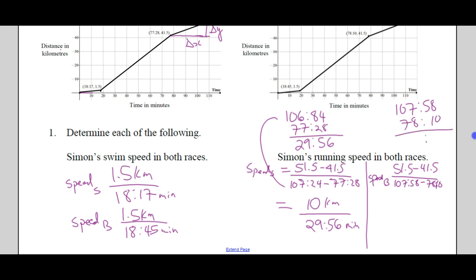So I get 48 seconds, and 107 minus 78 is 29. So we got 10 kilometers in 29 minutes 48 seconds, right? 29:48. Okay. So where did he swim faster?